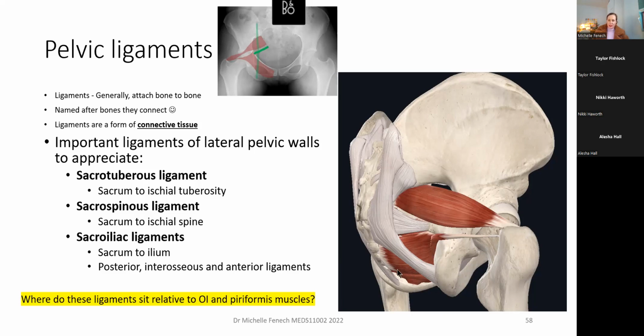So here's our obturator internus muscle. Inferior to that would be down here. Do you see that? So it's inferior and posterior. Can you see it sitting more posterior to it? Can you see how that's the better relative term to use? Yeah, definitely.